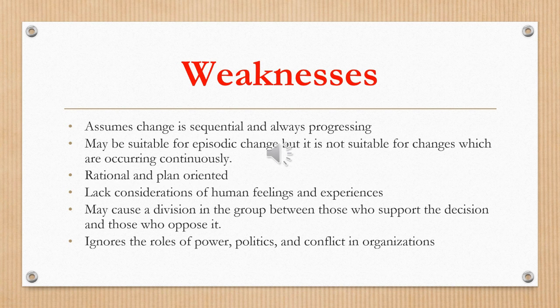It is rational and plan oriented. Also, it lacks consideration for people's feelings and experience. It may cause division in groups between those who support a decision and those who oppose it. And finally, it ignores the role of power, politics, and conflicts in organizations.